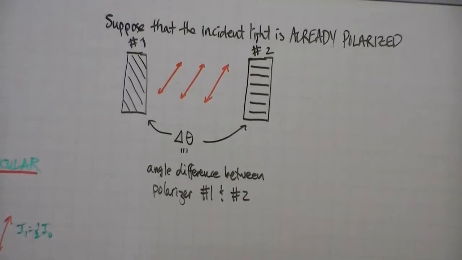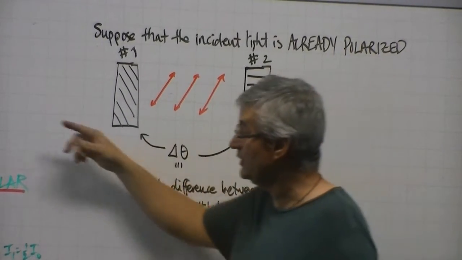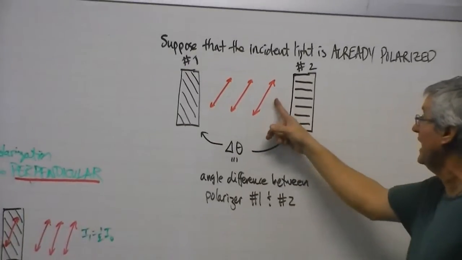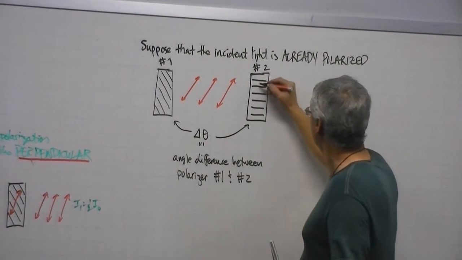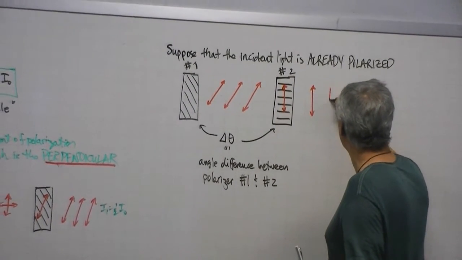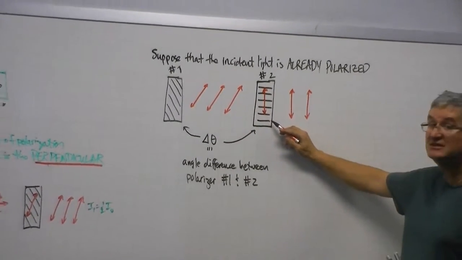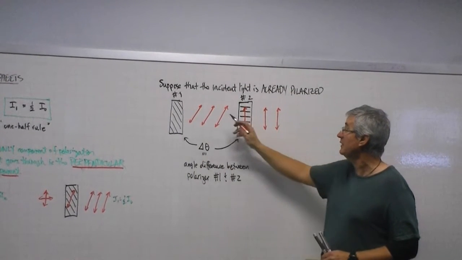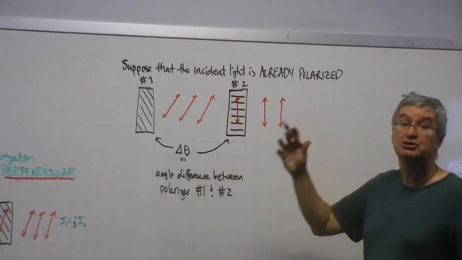So picture-wise, we know that if this is the incident light coming to the polarizer, only the perpendicular component survives. So when I look at this guy here, the only thing that's going to come through this thing here is going to be what? This perpendicular component. So when this light comes in, we can see that part of the polarization is taken out by this filter here. So what we should expect is that the intensity after polarizer 1 compared to after polarizer 2 should be different.